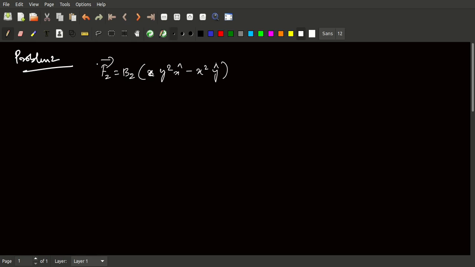Once we know the mathematics and the physics behind it, you can do F1, F3 and F4. Plus this same force is repeated in question number 3 also along with F1. And this F2 is showing contradicting results physics-wise in question number 2 and question number 3, and I want to explain the reason behind it. That's the reason I'm discussing F2 alone.